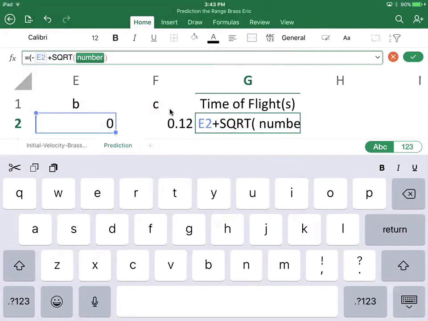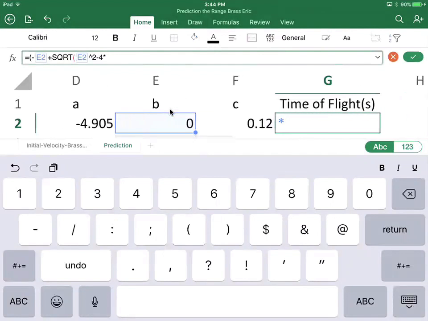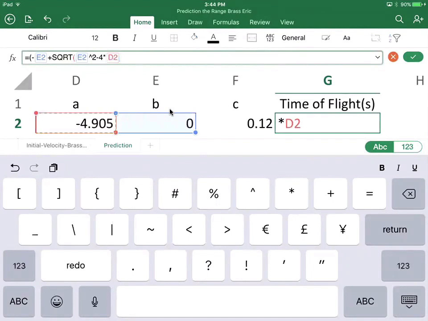And that number is B squared minus 4 times A, where's A? A is right over here, it's in D2, times C. And where is C? It's F2. So we're going to go ahead and close that.